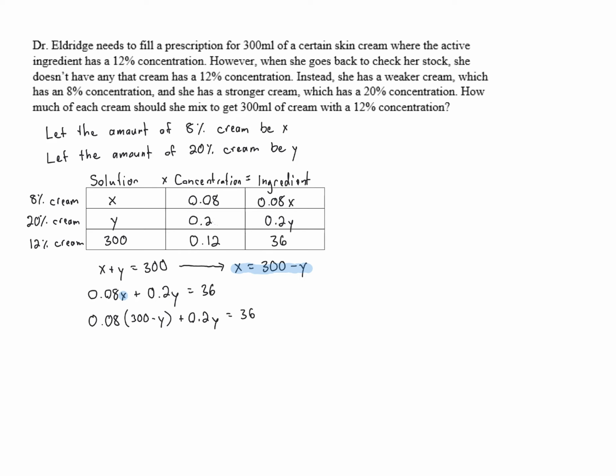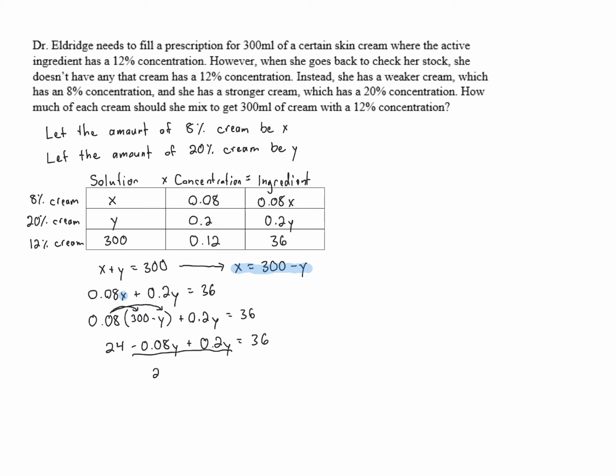To solve for y, we're going to want to get rid of these parentheses, and we can do that by distributing the 0.08. Now 0.08 times 300 is going to be 24, and then minus 0.08y plus 0.2y equals 36. Now we can combine like terms on the left-hand side.